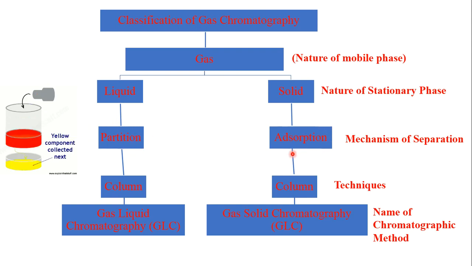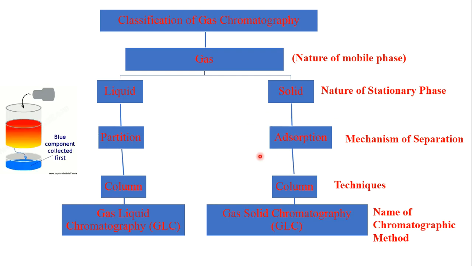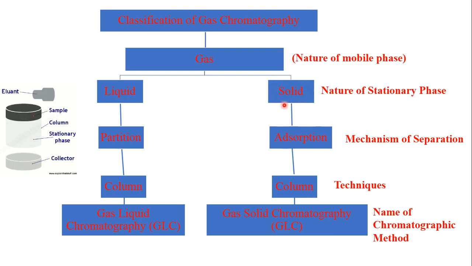But in GSC, adsorption takes place, adsorption of sample molecules over the solid particles. This phenomenon is a surface phenomenon, because it happens only on the surface of the particles.